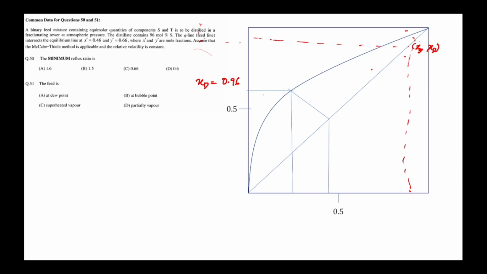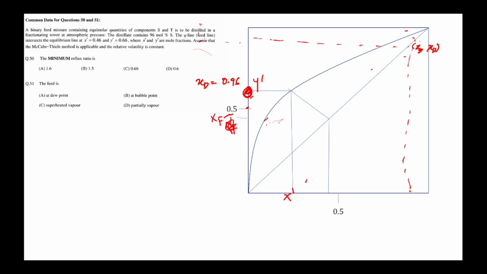So this is x dash, and sorry, this is y dash because it is the y axis now. This is y dash and this is x dash. Okay, and this is xf. Not alpha f, xf.